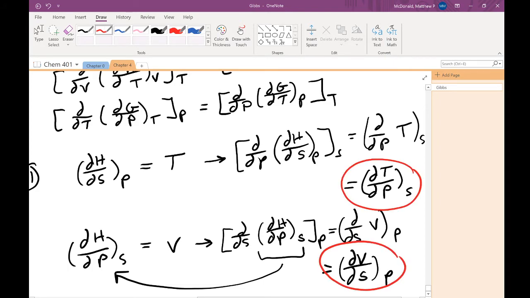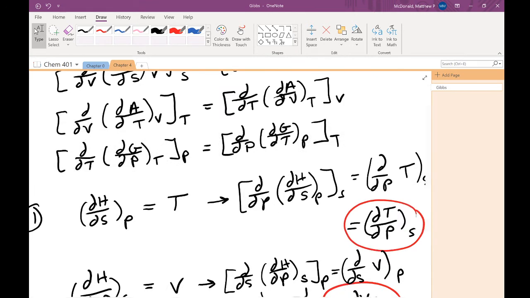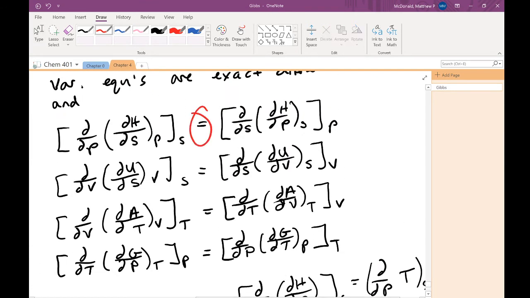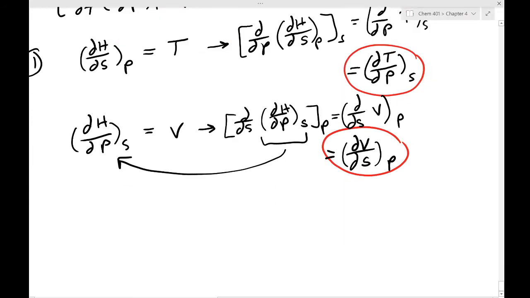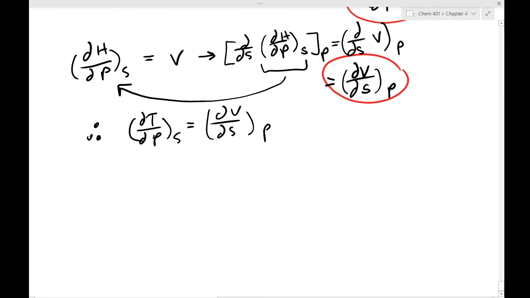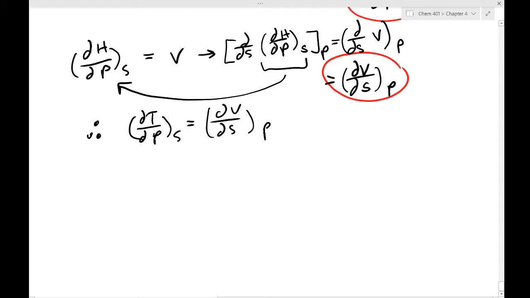Down here I can say that both of these two things are equal to each other now, and therefore the change with respect to temperature and pressure at constant entropy is equal to the change in volume with respect to entropy at constant pressure. Okay, next, so that's for number one.